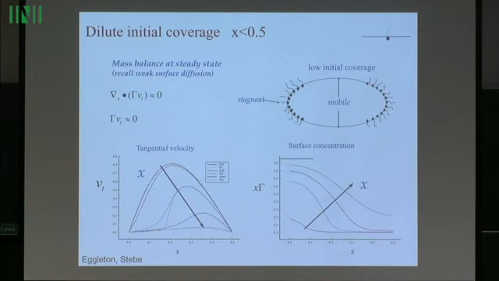It's balanced by the weak surface diffusive flux. Where the surface concentration is finite, the surface velocity is zero. Where the surface concentration is zero, the surface velocity is pronounced. So this is just the tangential stress limit, the stagnant cap limit, but now on the deforming droplet. And it says dilute surfactants, where we're weakly coupled, can increase the deformation of the droplet.